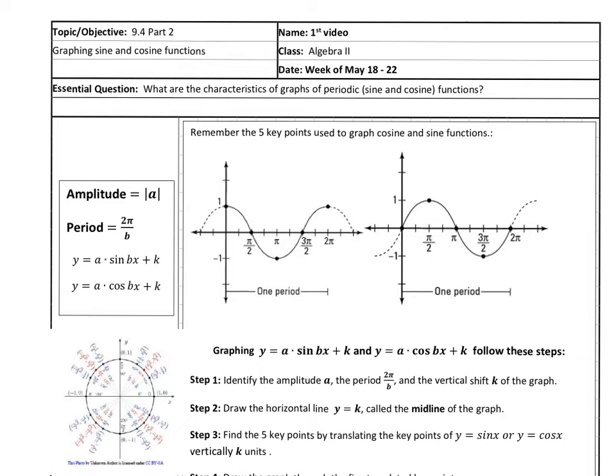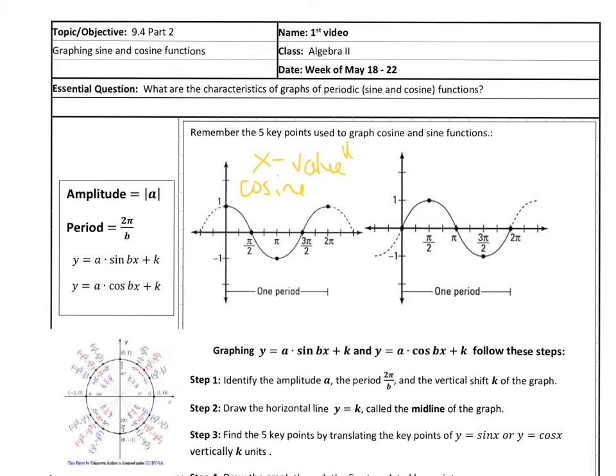So first we have the reminders from last week on the 5 key points that we need for graphing cosine and sine functions. Notice that we are just using our unit circle, and for the cosine, we're only going to use the x coordinates of each point.